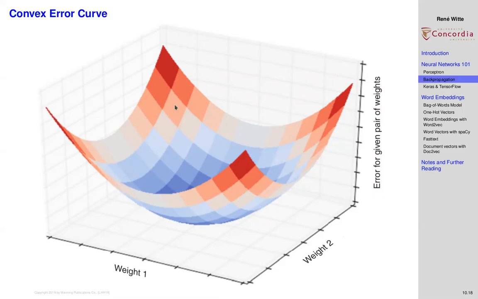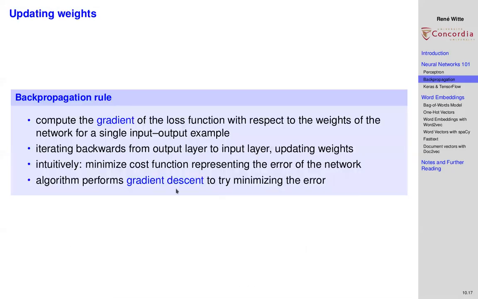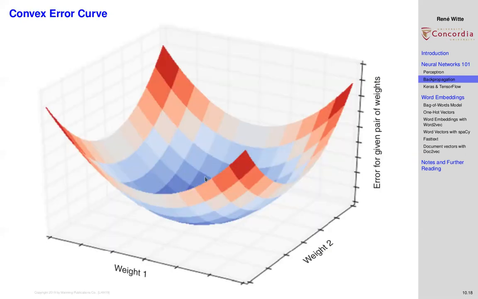We're taking steps, we're adjusting each weight down this error curve until we arrive at the point where every change would only make it bigger. So this is the idea of gradient descent. We're computing the derivative of the function and then go towards the direction of a smaller error.